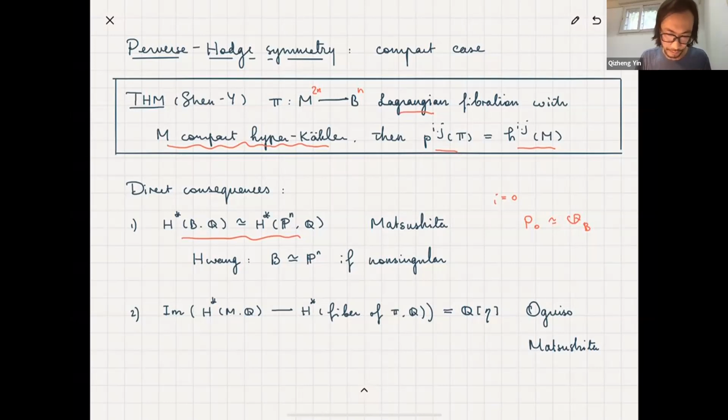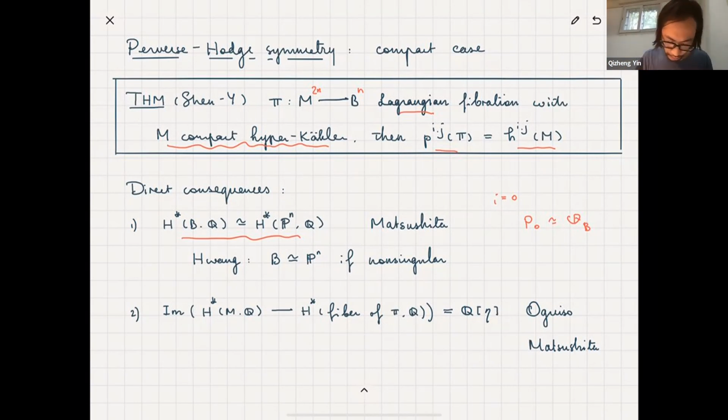Then you see immediately that you can translate these perverse numbers into the Hodge numbers, and the Hodge numbers are given by the h^{0,j}, and those are given by 1, 0, 1, 0. It's sort of the boundary of the Hodge diamond, and that's how you obtain this result.